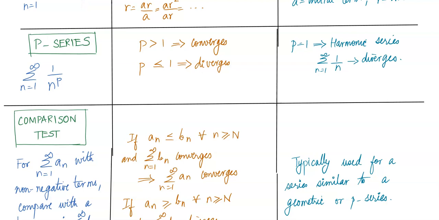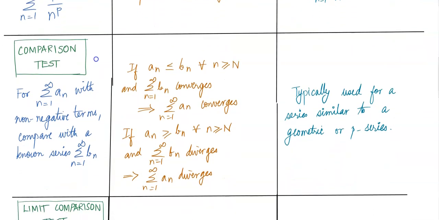Again, we have the rules based on P. And remember, when P is equal to 1, it's called the harmonic series. So harmonic is a special case of P series.